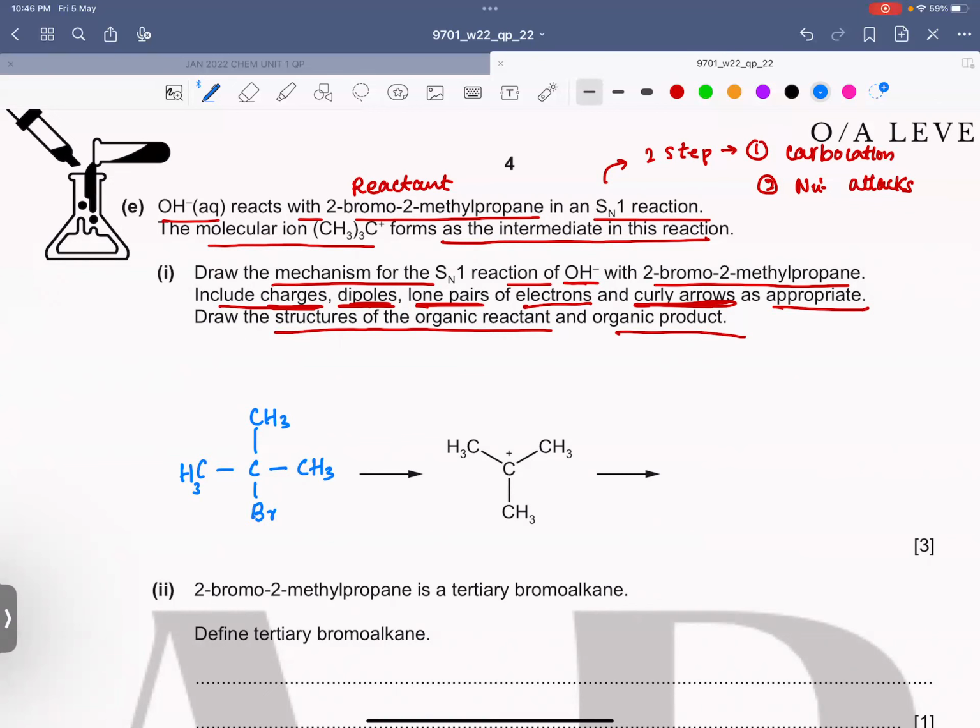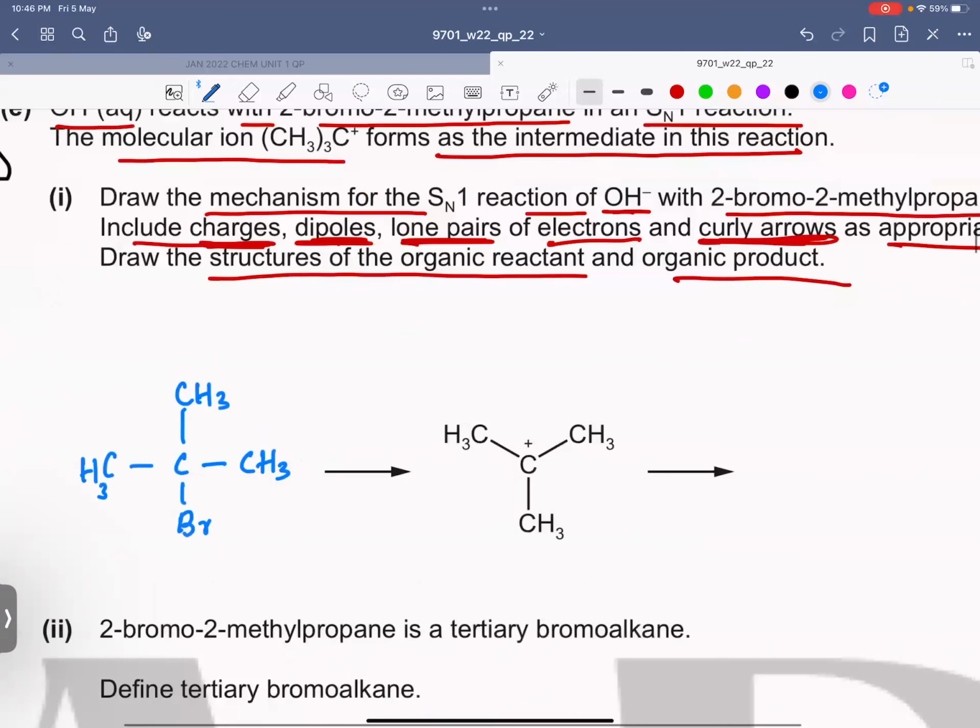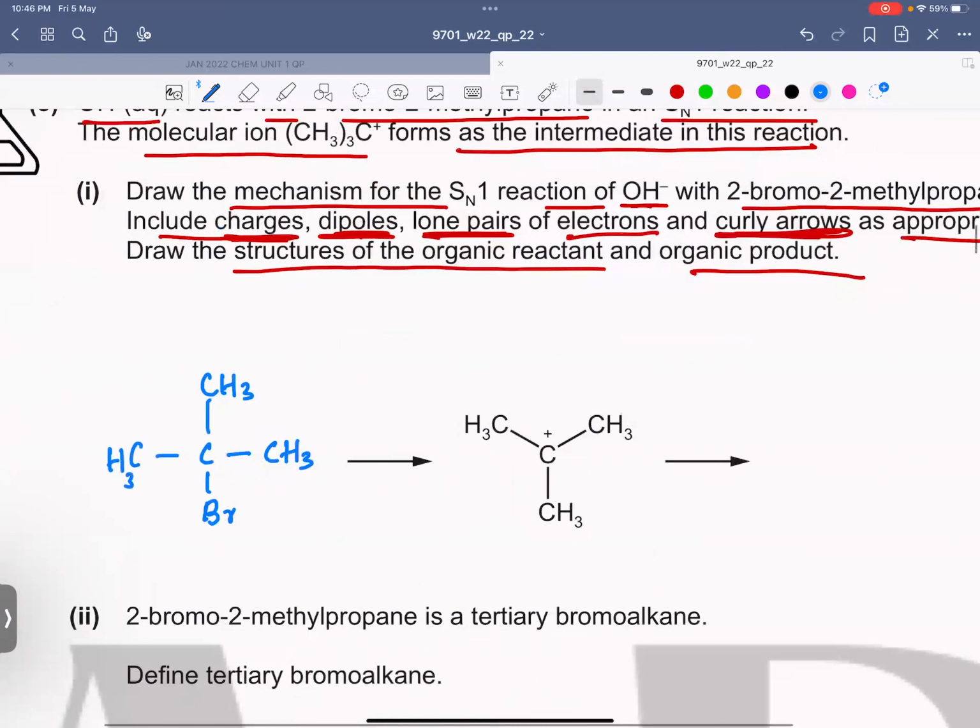Okay, now we have to show the dipoles over here. So for dipoles, that carbon must be partial positive because it is bonded to a bromine, which is more electronegative, so it must be partial negative.